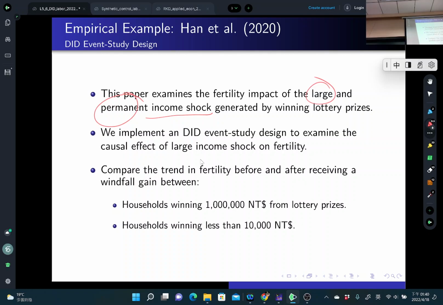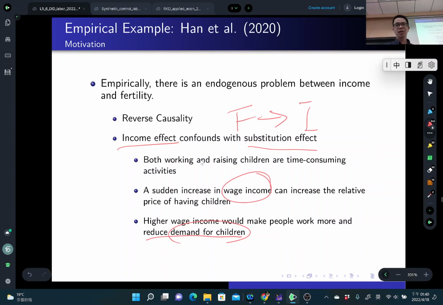Whether you win a lottery or not is due to luck, not because you earn more. So this arguably is unrelated to your working condition or working status, and then you can eliminate the substitution effects and also avoid the reverse causality.